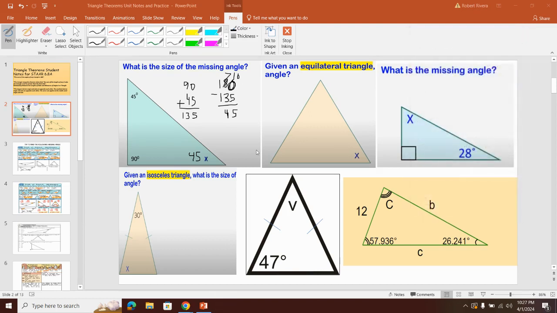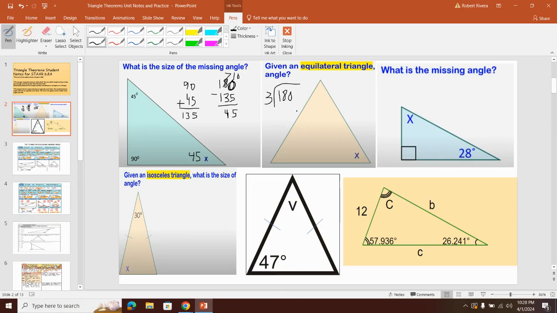Okay? Now equilateral means that all the three sides are equal, and that means that all the angles are equal. So in this case, I know that all three angles have to be equal. This is a pretty easy one because there's only one equilateral triangle. So if I know that 180 is the total, and I want all angles to equal the same thing, I can divide by 3 because I want them all equally.